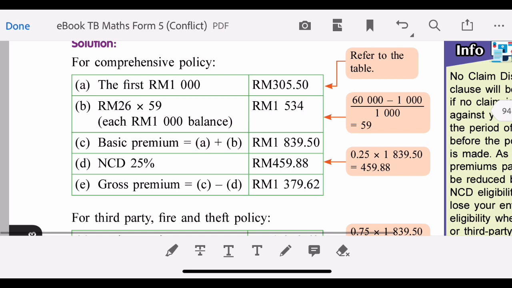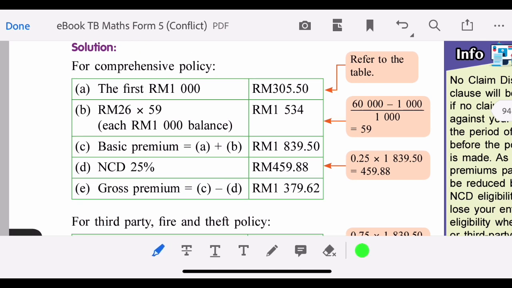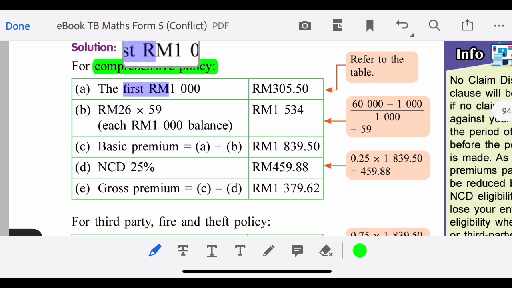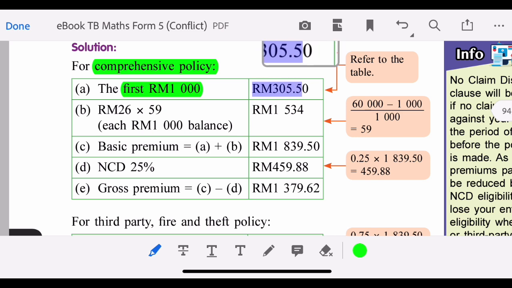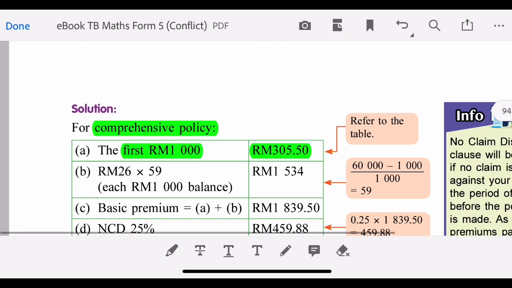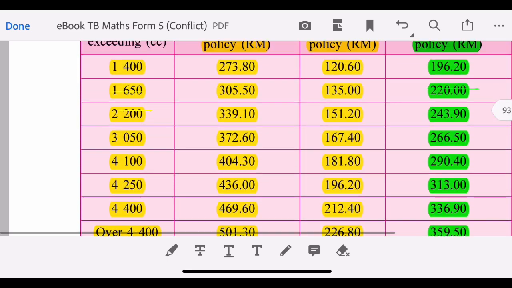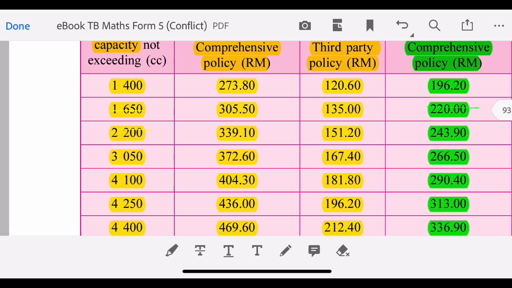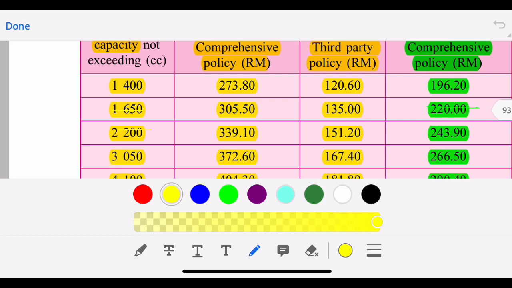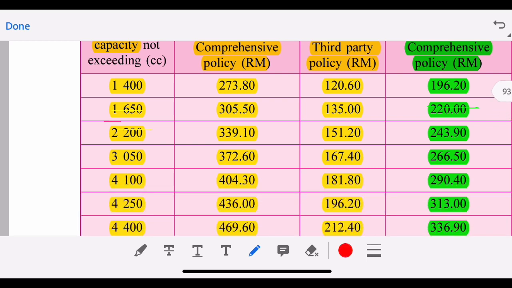Solution. For the comprehensive policy, for the first 1,000 it is 305.50. This one you must refer to the tariff table. Let's see 1,600. Just now I showed you the table, it is here, 1650.